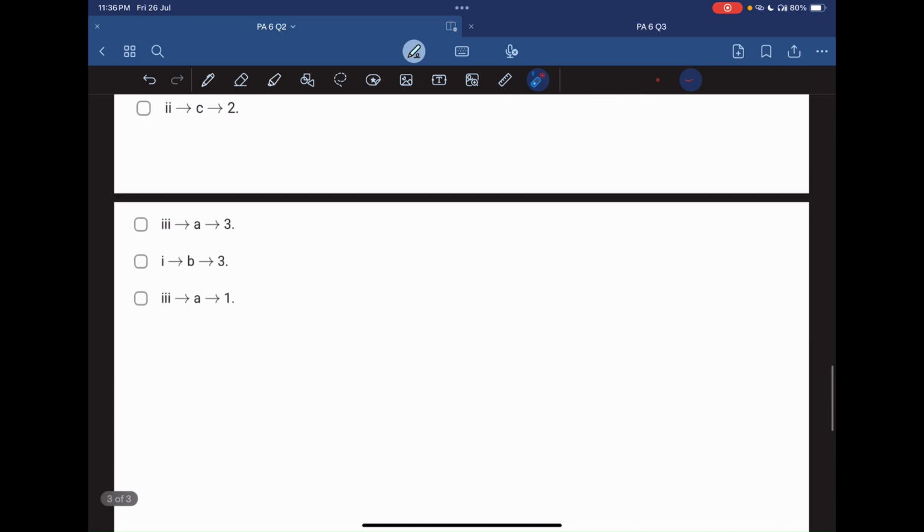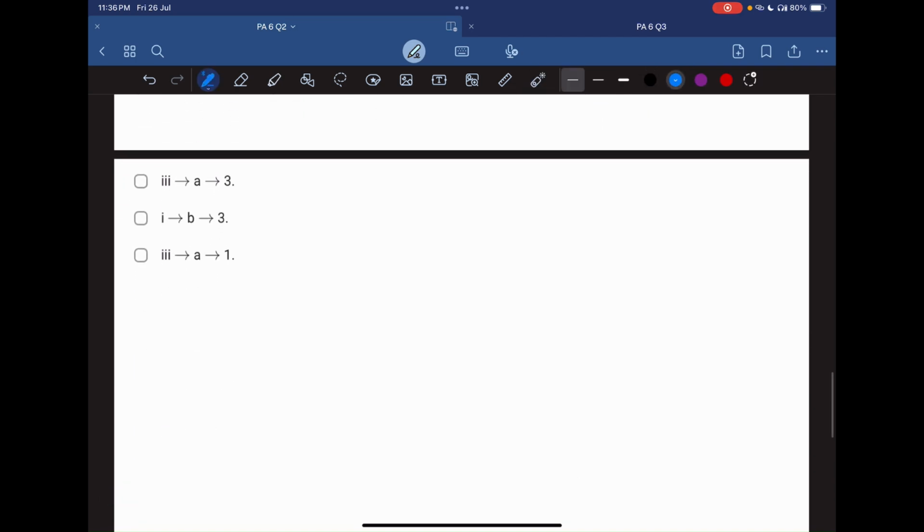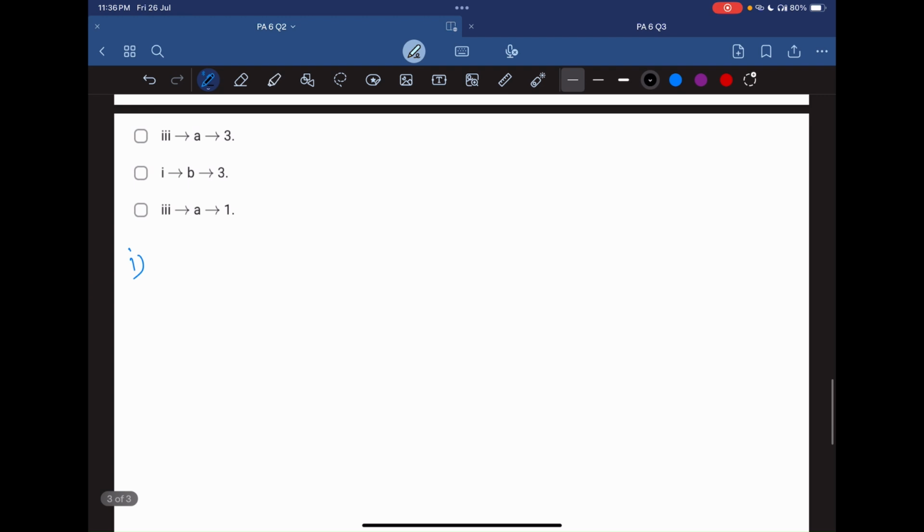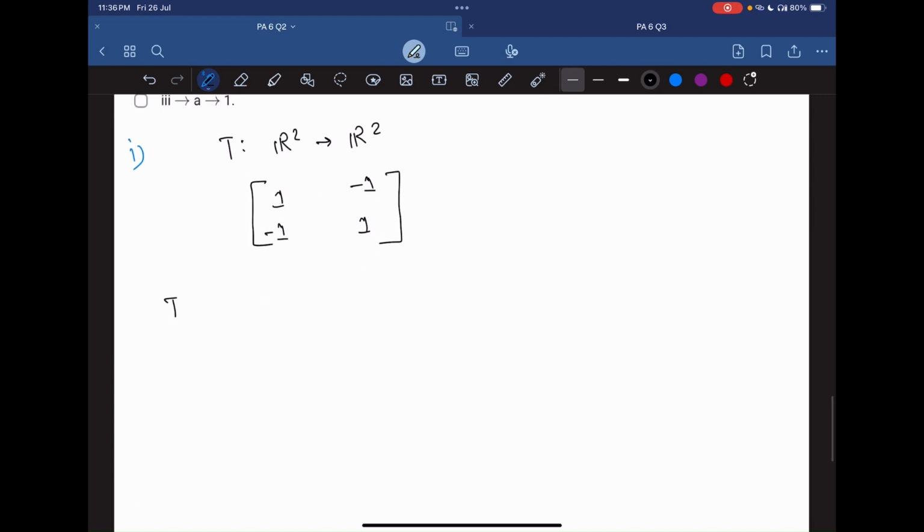First, let's start with the first one. So this is our linear transformation, and this is the matrix representation of this linear transformation with standard ordered basis for both domain and codomain. So our transformation is from R2 to R2 with its matrix representation 1, minus 1, minus 1, and so we are taking the standard ordered basis for domain and codomain.